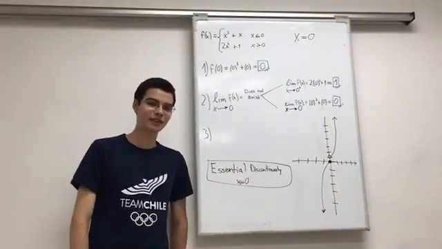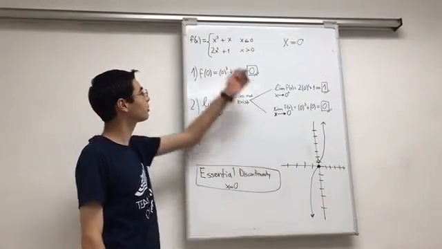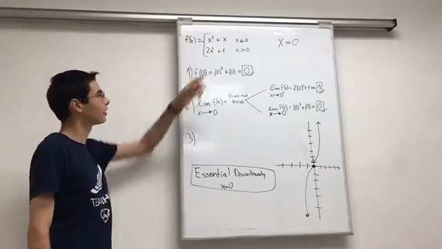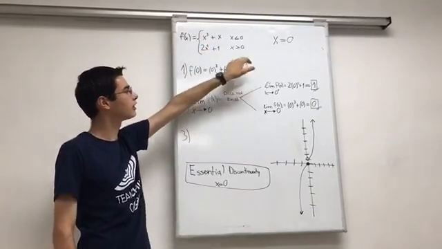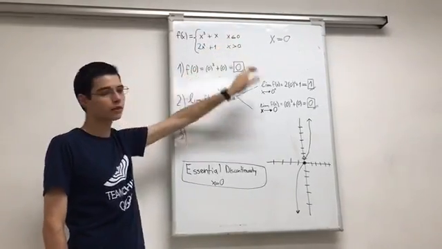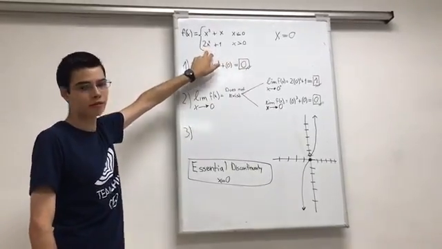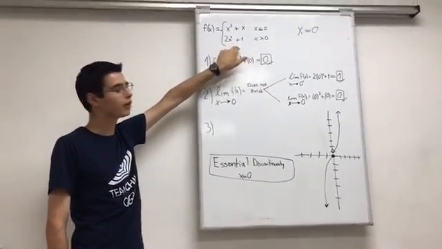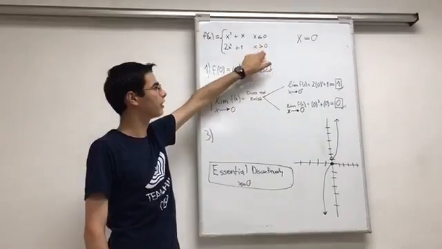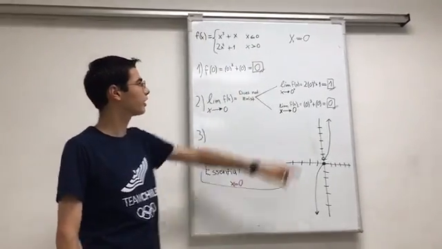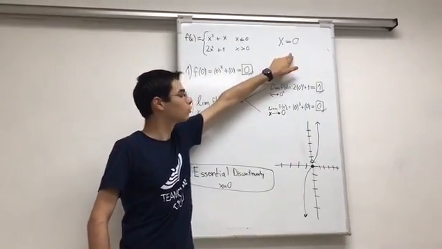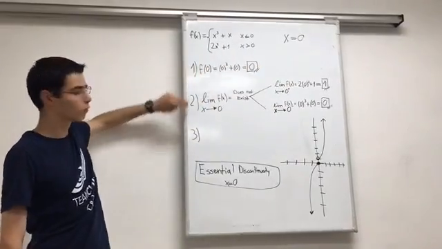Okay, now let's look at an essential discontinuity in some functions, like this one here. We have x to the third power plus x, for x less than or equal to 0. And we also have 2x squared plus 1, with the condition that x is greater than 0. First of all, we take x equals 0 to test the three rules.